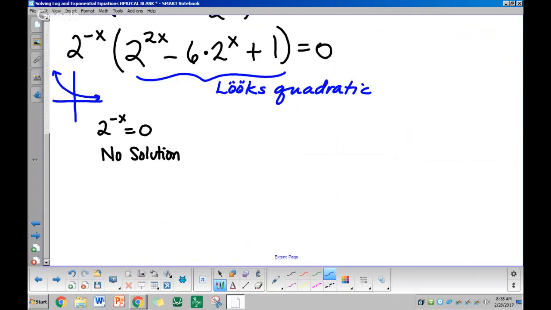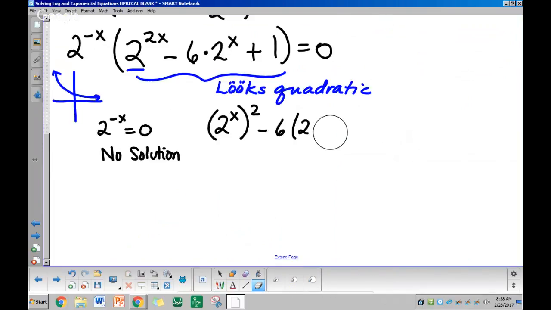Except I don't have an x anywhere except in the exponent. But what's being squared here in the very first term? Maybe rewrite this as 2 to the x quantity squared minus 6 times 2 to the x plus 1. Almost as if it's u squared minus 6u plus 1.